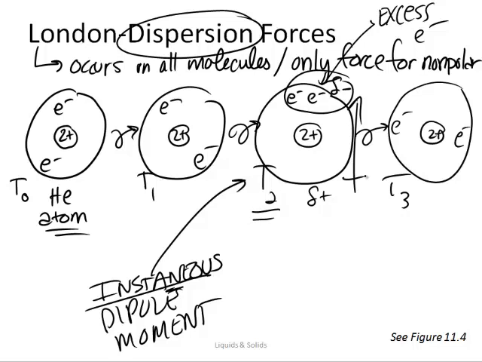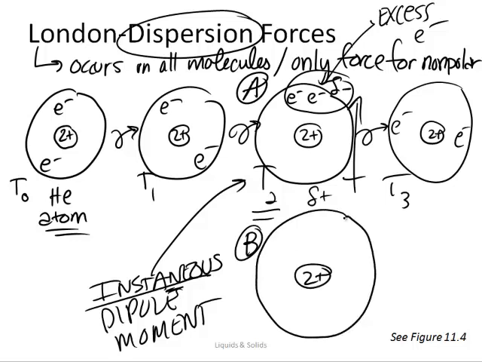Now what would happen if another helium atom, let's call this helium atom A, and this is helium atom B, what would happen if a neighboring helium atom was just close enough to helium atom A, which underwent an instantaneous dipole moment? Of course, that partial positive charge on helium atom A would attract electrons from helium B to one end of the atom. What's that going to do? It's going to set up a partial negative charge here and a partial positive charge at the other end.